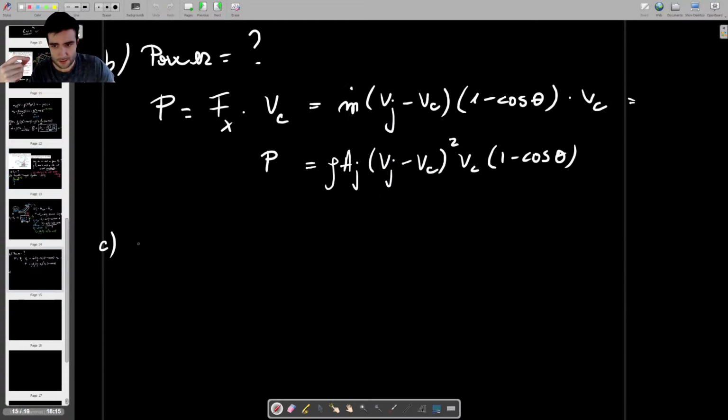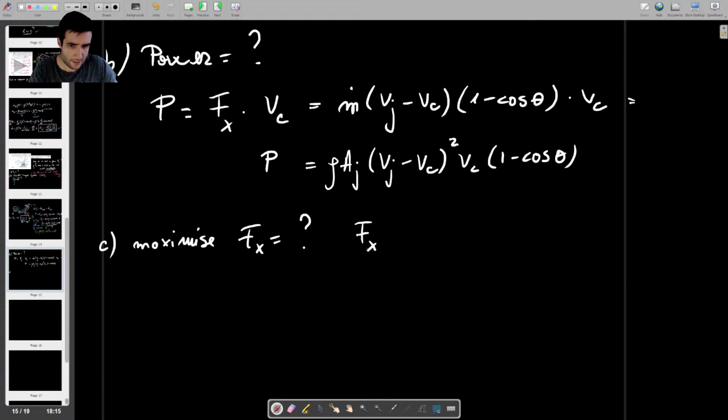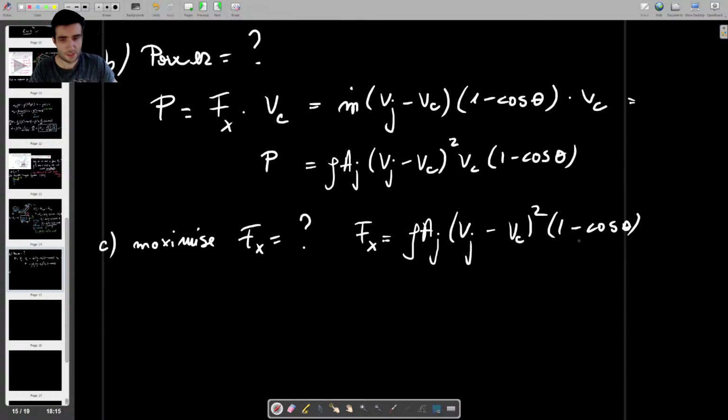So in part C we want to maximize Fx, and we know Fx is equal to rho Aj (Vj minus Vc) squared times (1 minus cos theta). So if we want to maximize Fx, we have to differentiate. So we have dFx by dVc is equal to 0.